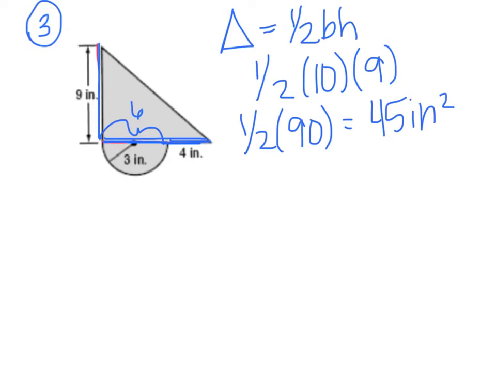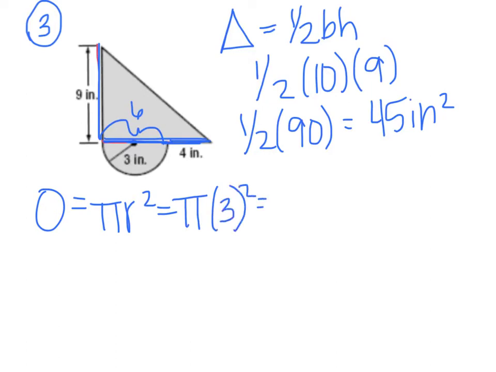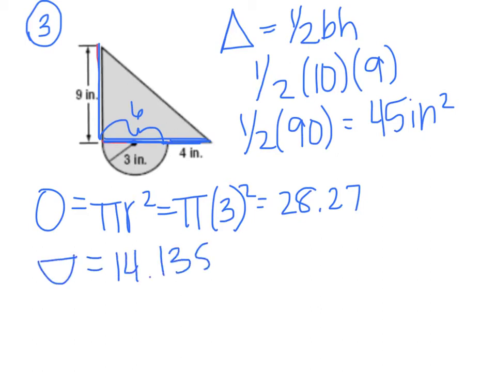Now, we are going to find the whole circle, then divide it in half, and then add that to the 45. So the circle is pi r squared. So pi times 3 squared, 3 squared is 9 times pi, equals 28.27. 28.27 divided by 2, the half circle is 14.135.